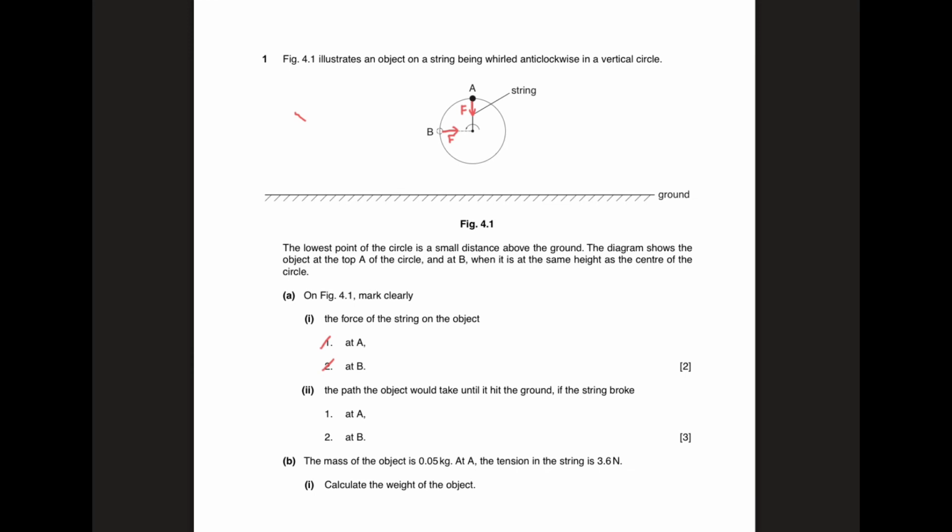Okay. Now, part 2, the path the object would take until it hits the ground if the string broke at A. If it breaks at A, first of all, you need to know one thing.